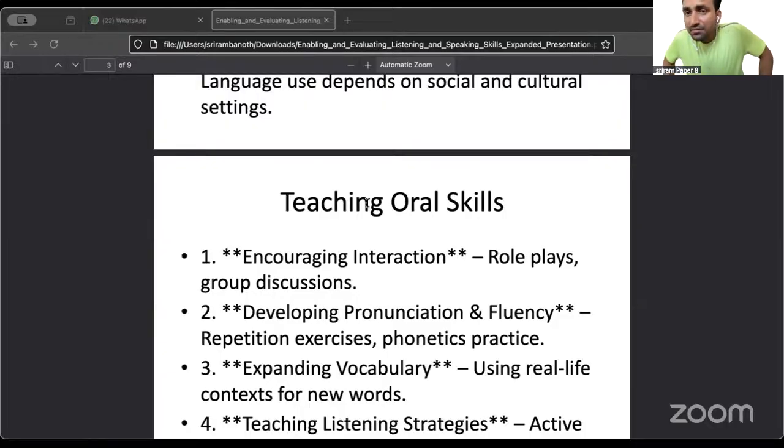So they are learning by seeing, by understanding. So in a student-centric classroom, we should give the opportunity.